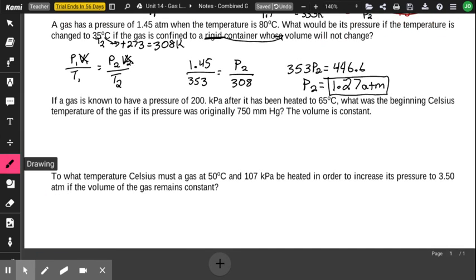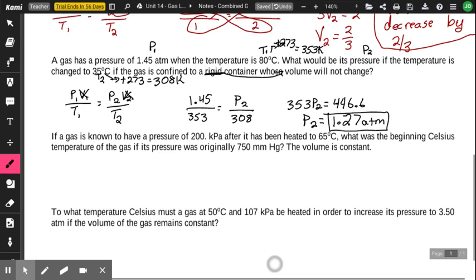All right. Moving on, 2 more problems. So if a gas is known to have a pressure of 200 kPa after it has been heated, so here's your pressure. After it's been heated to 65 degrees Celsius, so temperature, what was the beginning Celsius temperature? So temperature, and it says beginning, so that's temperature 1.